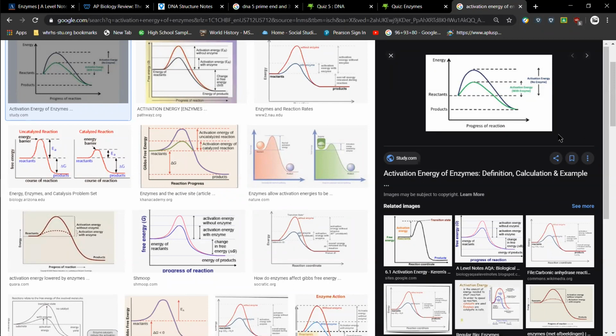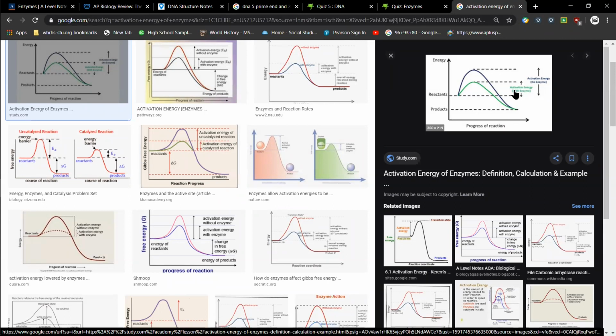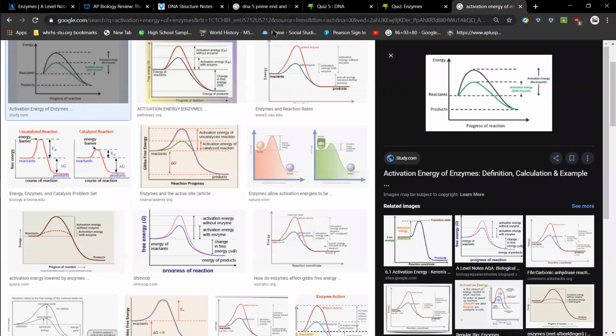But the reason enzymes work so well is because they decrease the energy needed to start the reaction. So look here, the actual activation energy is only this much. It's much less than this activation energy. So they decrease the amount of energy required to actually start the reaction.